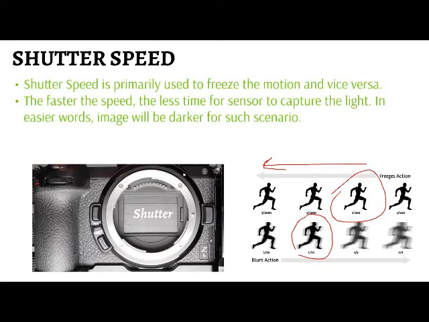So shutter speed, apart from the light it controls, has this use as well: where you want to freeze the action, you will try to make the shutter speed as high as possible.